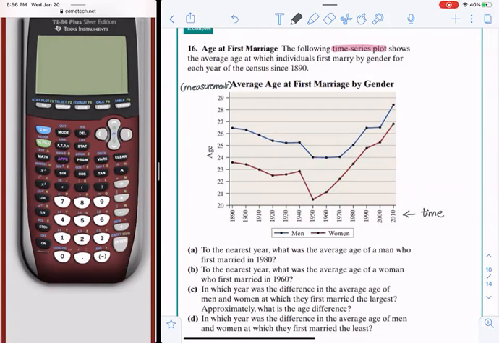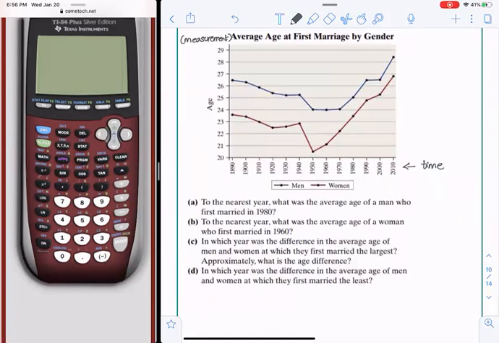So here we have two time series on one plot. One is for men, which is in blue. The other is for women, it's in red. And it just shows how the age changed when people got married for the first time over the years, since 1890 all the way up to 2010.